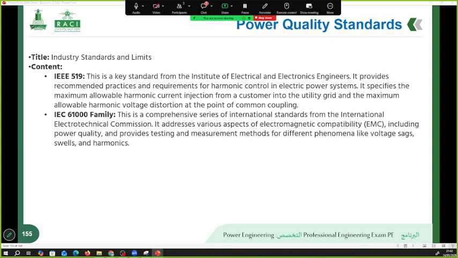It addresses the entire field of electromagnetic compatibility, ensuring that electrical and electronic equipment can operate correctly in its electromagnetic environment without introducing unwanted disturbances to other equipment.